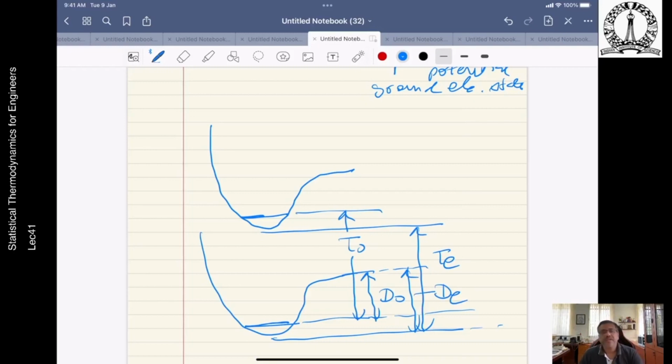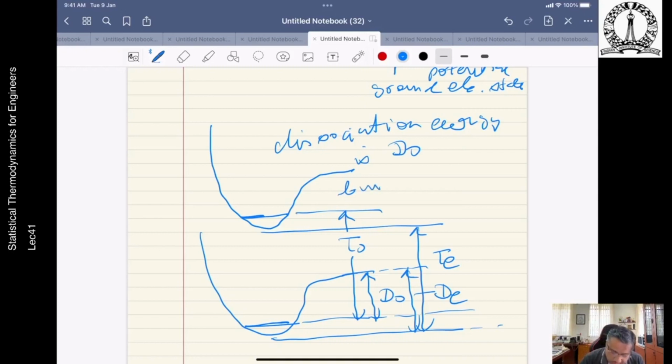You understand what DE and dissociations are. So dissociation energy is D0, and binding energy is DE.